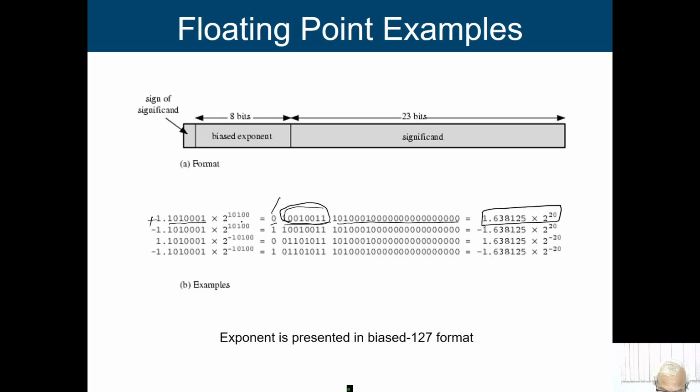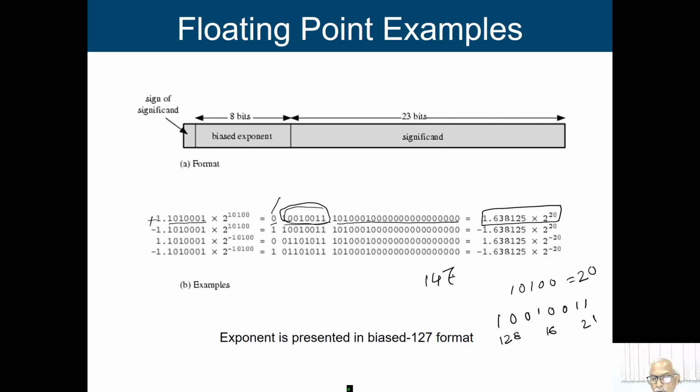If I have these things, it basically means 20, but for 20 what I am storing is 1 0 0 1 0 0 1 1. So what am I getting over here? This is 1 2 4 8 16 32 64 128. So 128 plus 16 plus 3 basically, I am going to get 147.